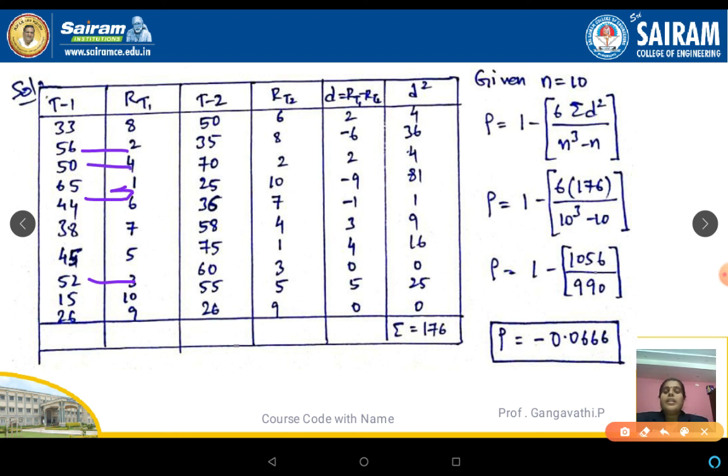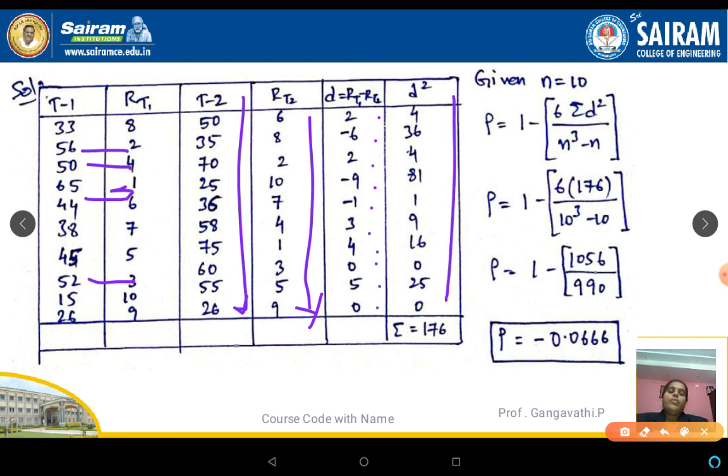Likewise, you can allocate the ranks on the basis of marks for test 1. Similarly, enter your test 2 marks and allocate the ranks for the 10 students. Now find the difference in the ranks. The difference between T1 and T2 ranks gives us 2, 6, 2, minus 9, minus 1, 3, 4, 0, 5 and 0.